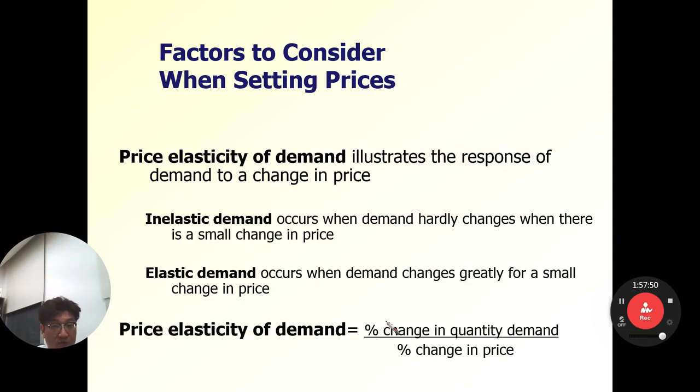You have to use percentage changes. When the absolute value of the elasticity, without the sign, minus or plus, it doesn't matter, is higher than 1, we call it elastic demand. When it is smaller than 1, we call it inelastic demand.